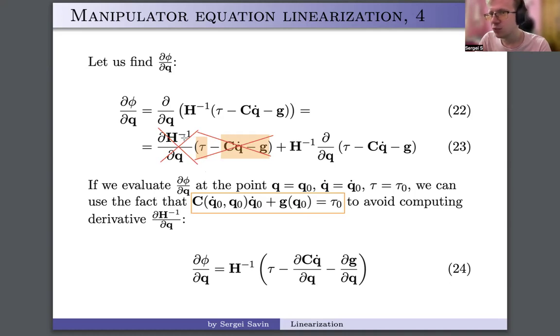It is in fact very possible to take this derivative. It's not crazy. The derivative of the inverse of a matrix would be minus H inverse times dH dq times H inverse, if I remember correctly. You don't have to memorize this type of formula. It is easy to find on the internet.